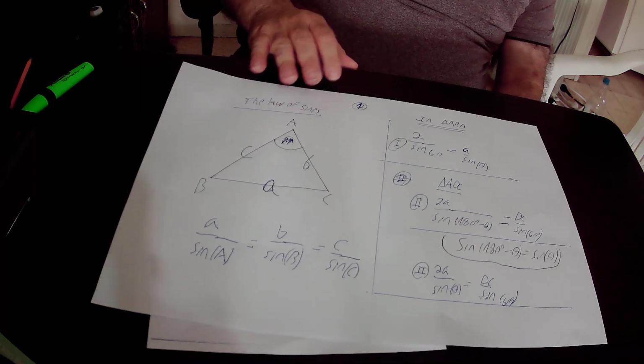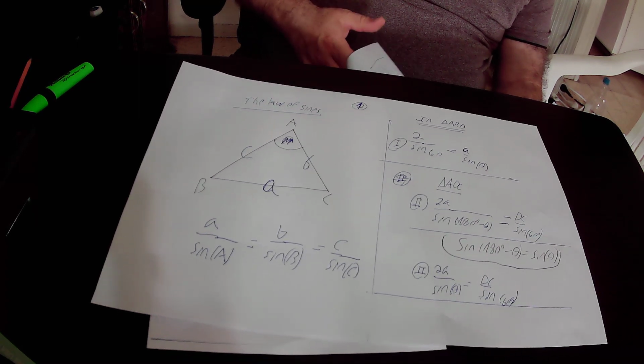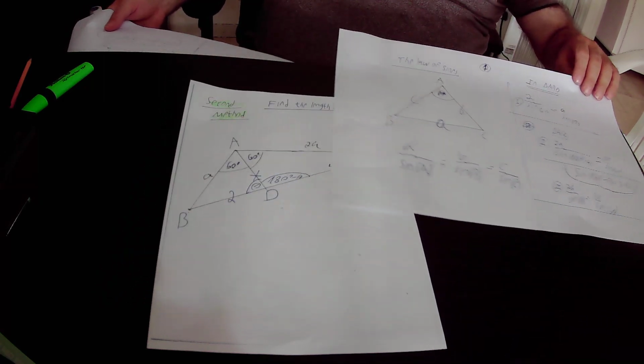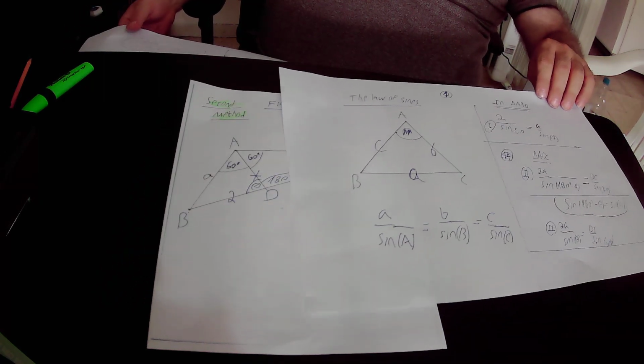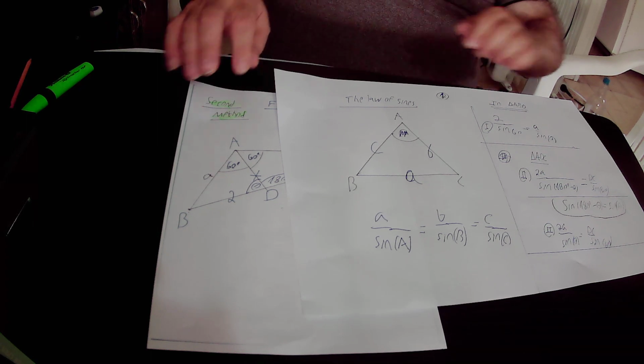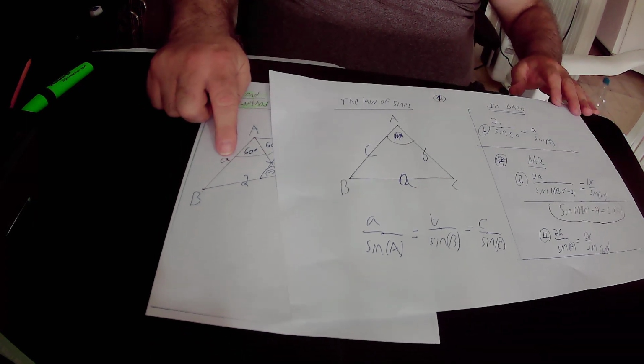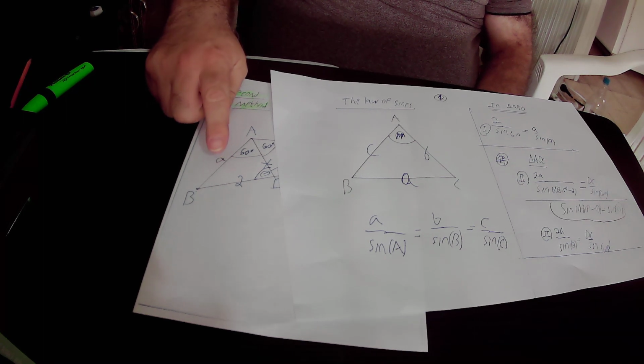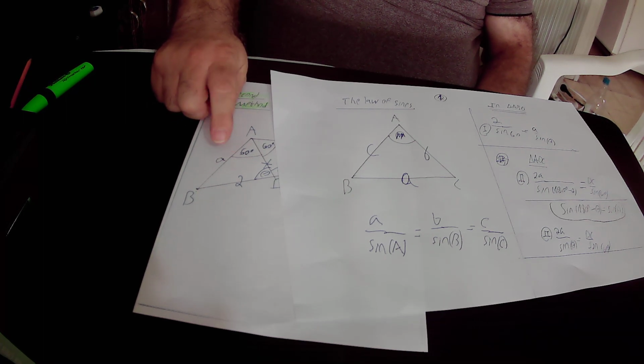We implemented the law of sines in triangle ABD. So in triangle ABD, according to the law of sines, we get that 2 over sine of 60 degrees equals a over sine theta.